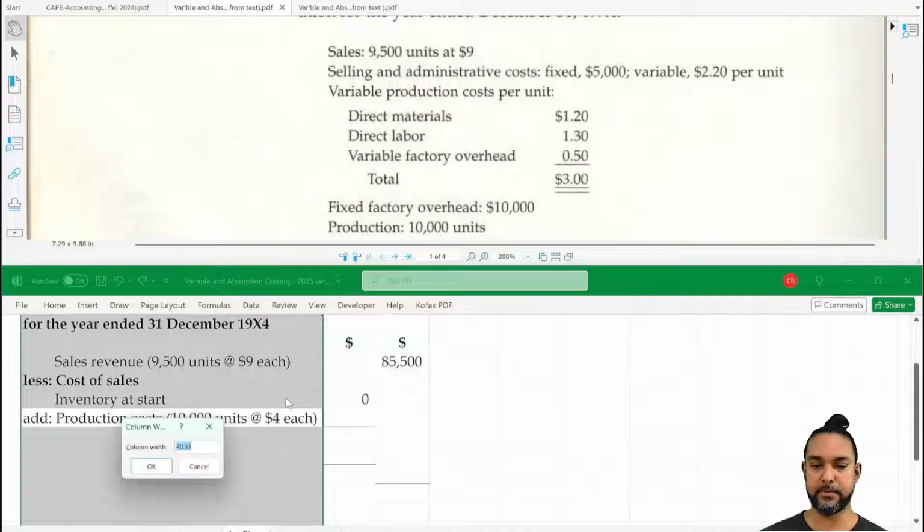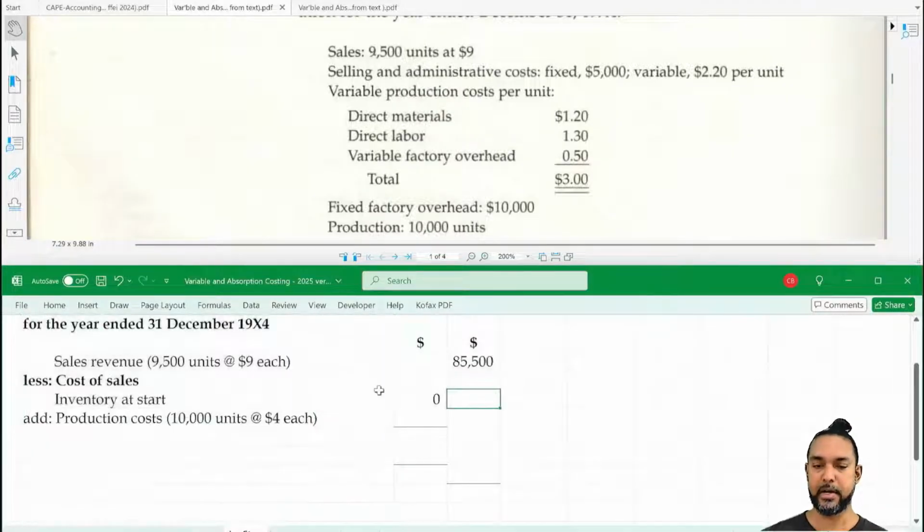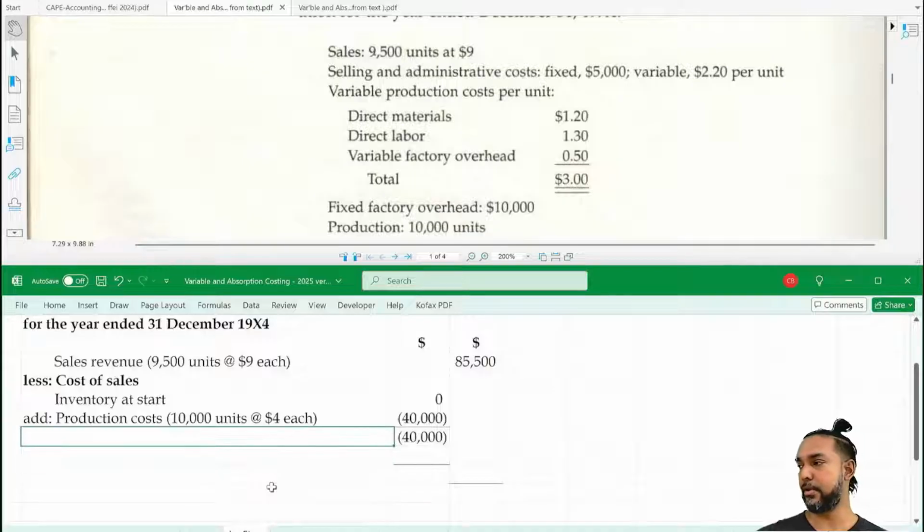It's at 40 already? Wow, okay, so maybe just do 50 and call it George, so I have enough room there. I don't like it too wide because then the numbers seem too far away. All you do here is multiply 10,000 by 4, and you add those together, and this will give you the cost of goods available for sale.